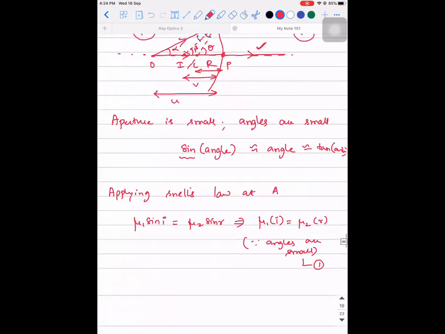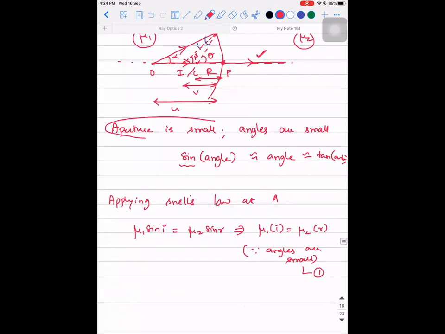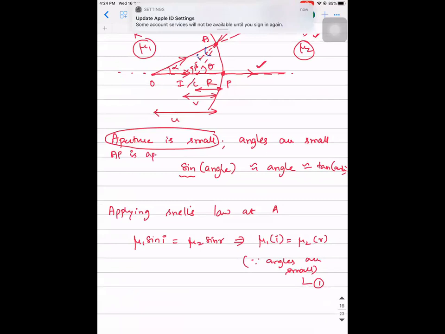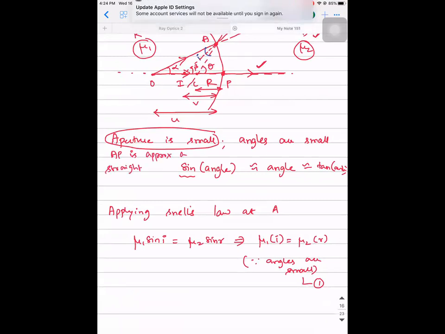But what is the assumption we have already made? The aperture is very small. When the aperture is very small, we can say AP is approximately a straight line, because all the rays that you have considered are marginal rays. They are close to the principal axis. Am I clear on this?